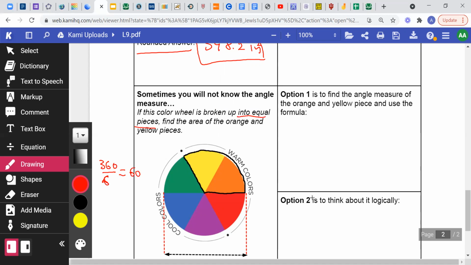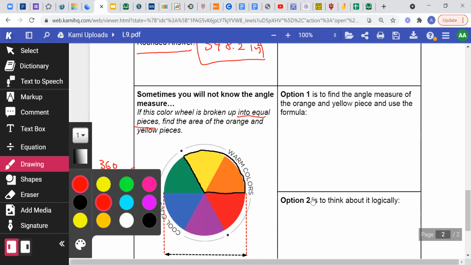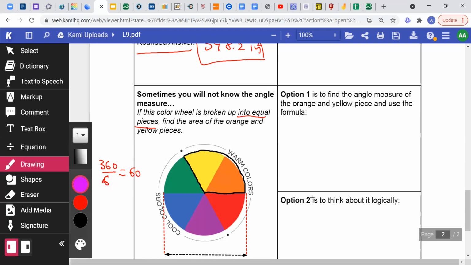Okay. So it means each of these colors here will have a 60-degree angle towards the center. Now we are being asked to find the area of the orange and yellow. So it means these two pieces. This is the area we want to find.